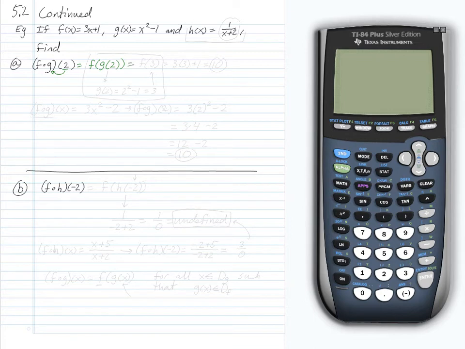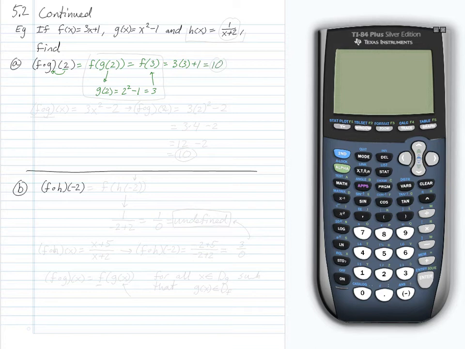We can do a little bit of side work. Notice that g of 2 is 2 squared minus 1. That's 4 minus 1, 3. So that's what we're actually plugging into f. Now f of 3 is equal to 3 times 3 plus 1. That's 9 plus 1, that's 10.